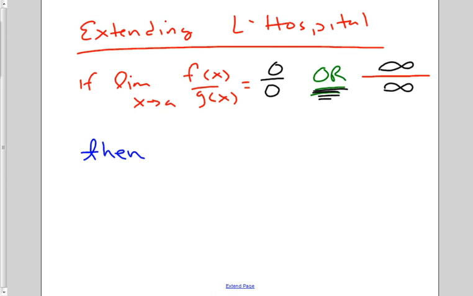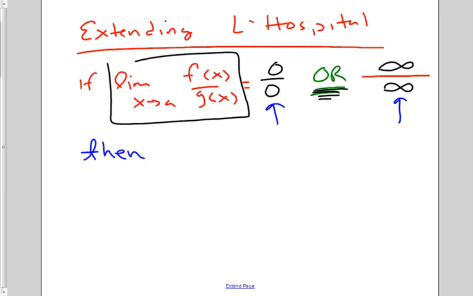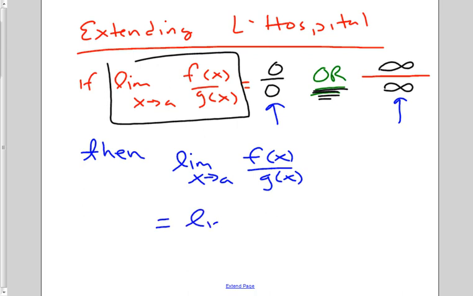So, extending this: if the limit as x approaches a of f of x over g of x equals either 0 over 0 or infinity over infinity, then the limit as x approaches a of f of x over g of x equals the limit as x approaches a of f prime of x over g prime of x.